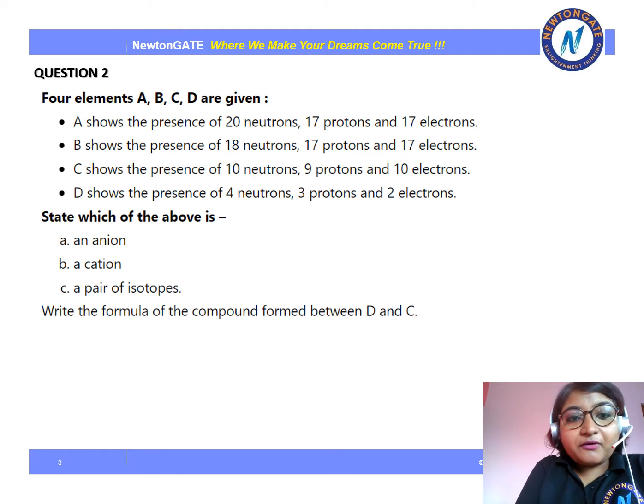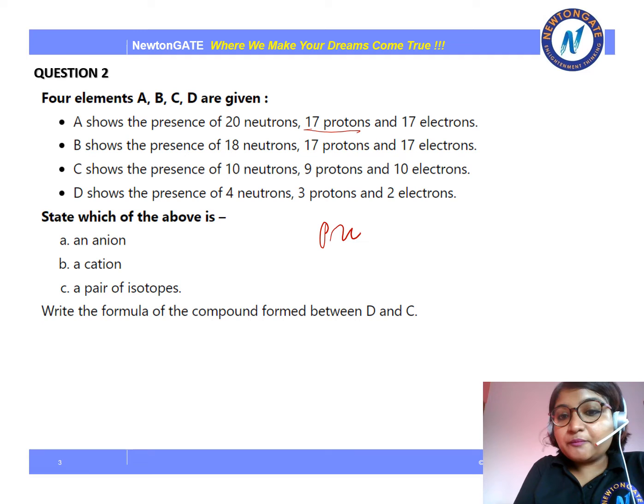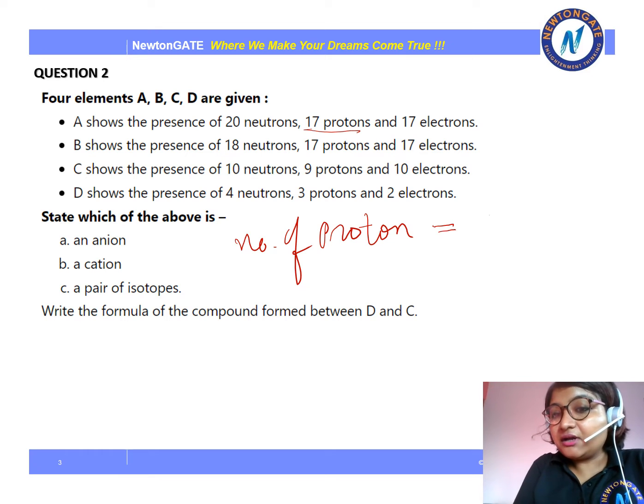Okay, so for element A, the atomic number is 17 because the number of protons is 17. So I told you that the number of protons is also equal to the atomic number.